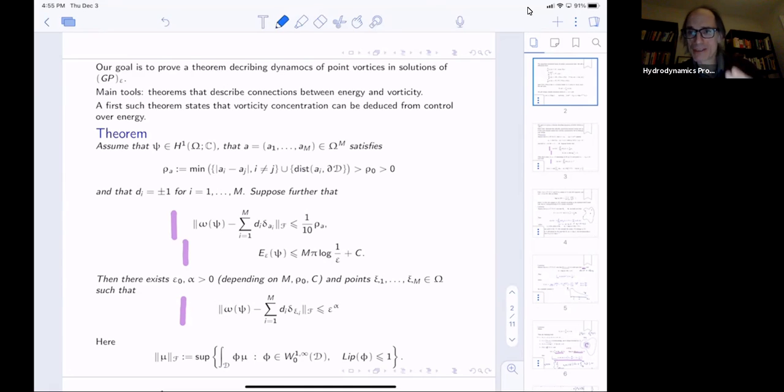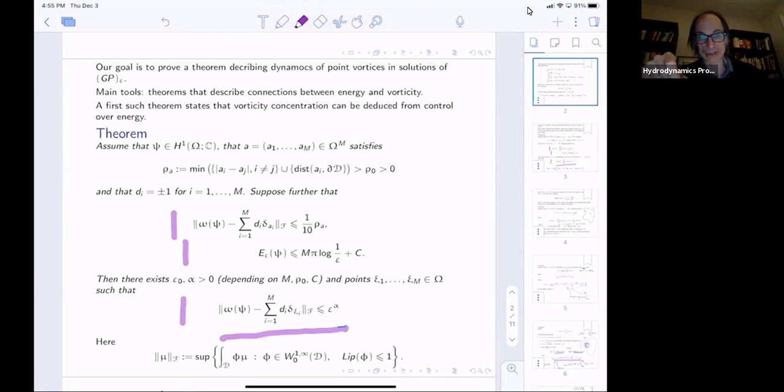Then for studying vortex dynamics, there's another ingredient which I won't really have time to talk about, but I'll describe these very briefly. These are estimates that say, once we have a result like this, roughly speaking, we know a lot about what the vorticity looks like. We know that it's very concentrated near points. It tells us where it is, up to errors of order epsilon to the alpha, concentrated at these points c sub i.